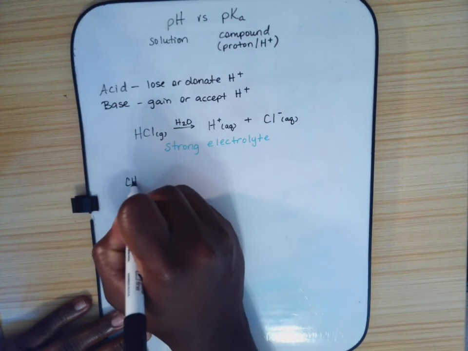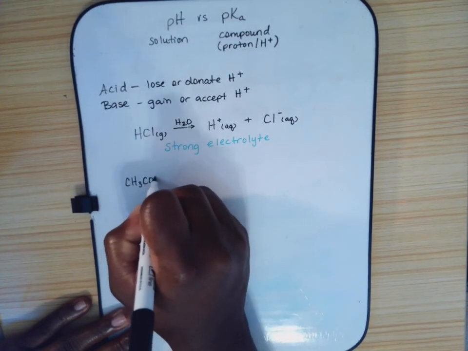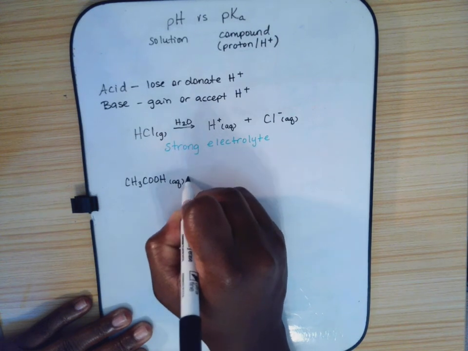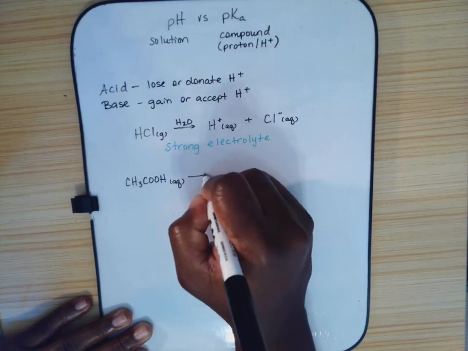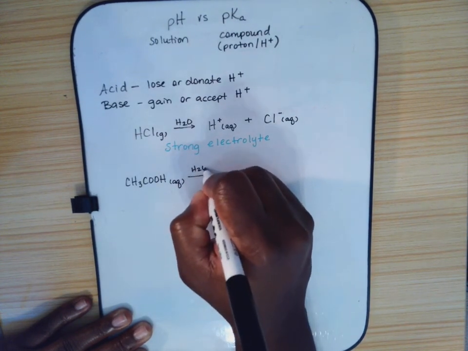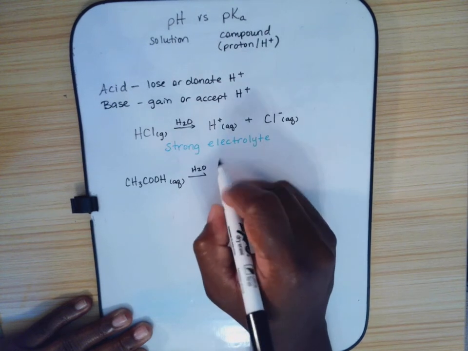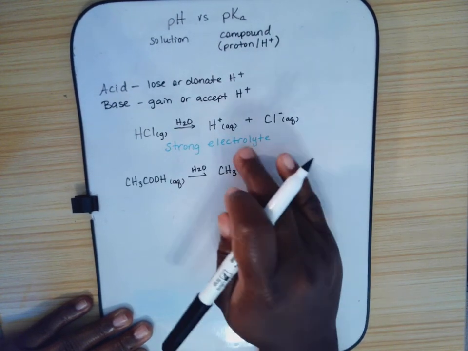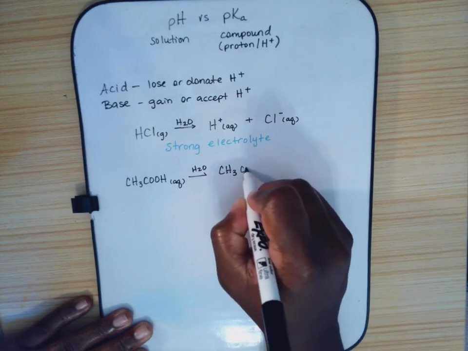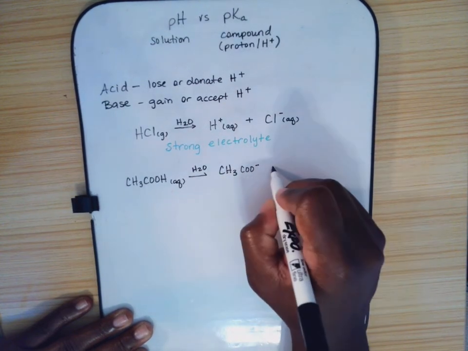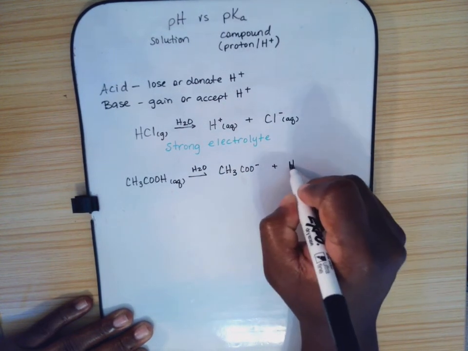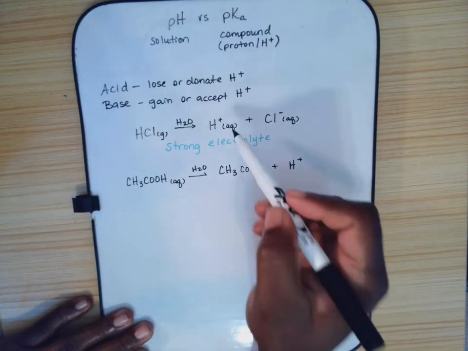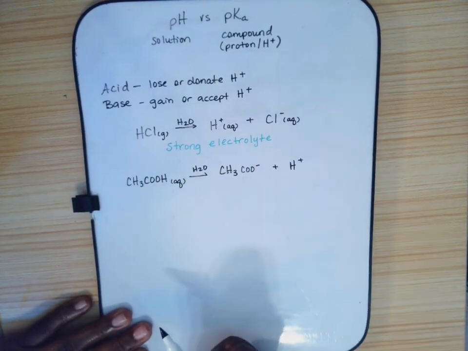For instance, if we have acetic acid in water, it will break down to form ions. So we'll see CH3COO minus. We'll also see the H plus, because anytime we're dealing with acids, they're going to release the proton or donate the proton.